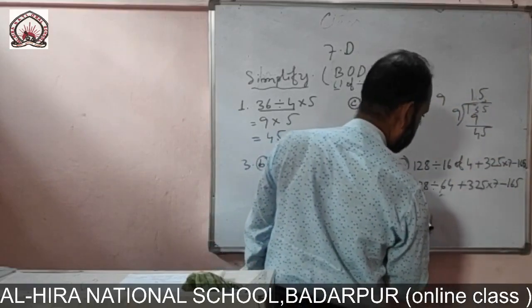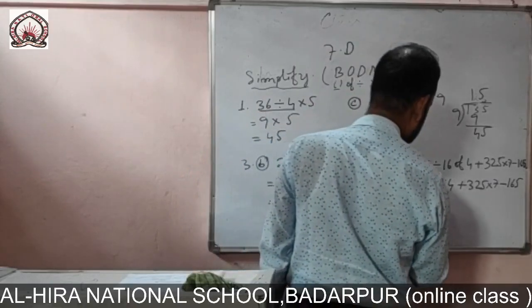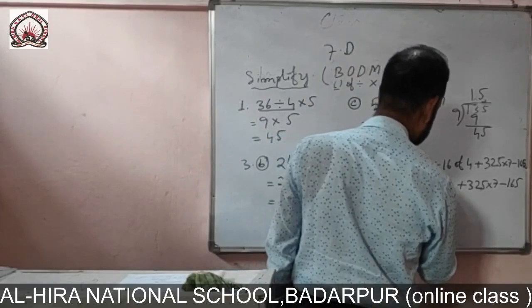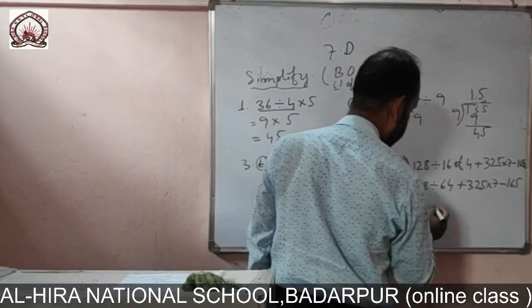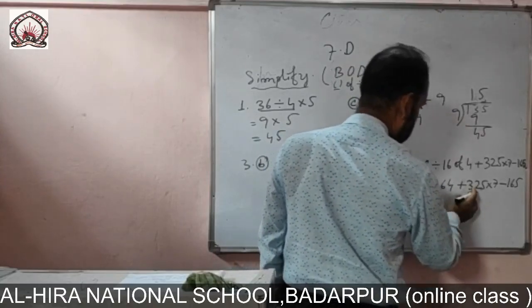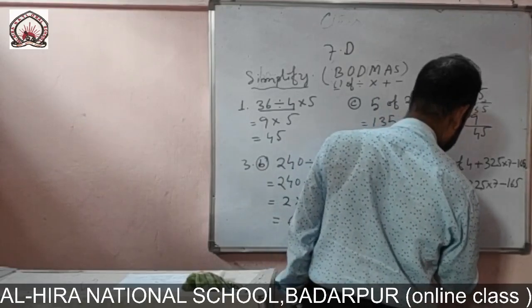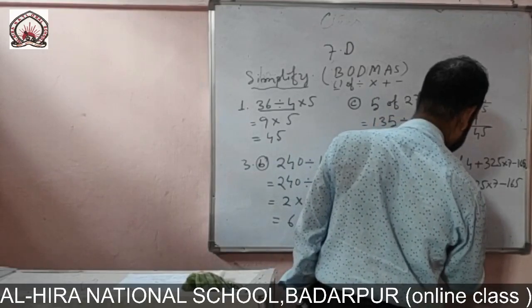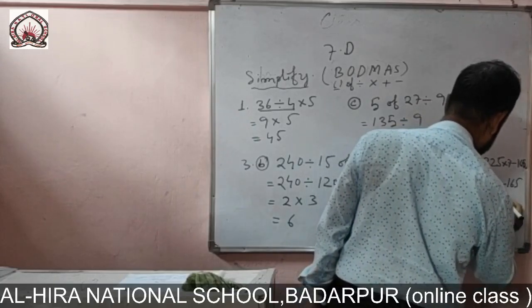Now we do divide. 128 divide by 64. So 64 2s are 128, plus 325 into 7 minus 165.